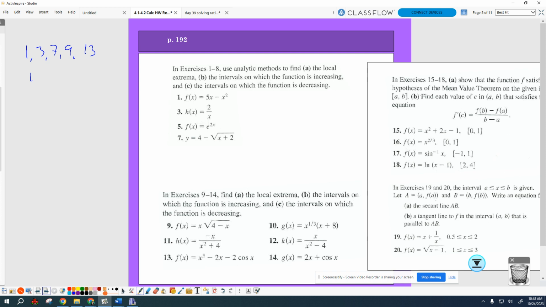So for those guys, only find the increasing and decreasing. Don't actually go through the trouble to find the local extremes.